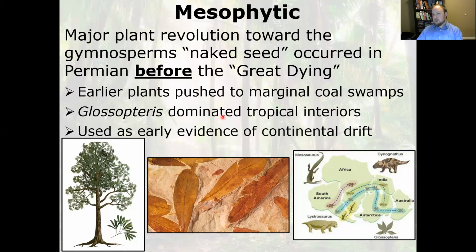And one thing that's cool about Glossopteris is that it was one of the things that Alfred Wegener used as evidence for continental drift. He saw these separated belts of Glossopteris occurring on all of the southern continents, all the Gondwanan continents, but they're very widely separated now.